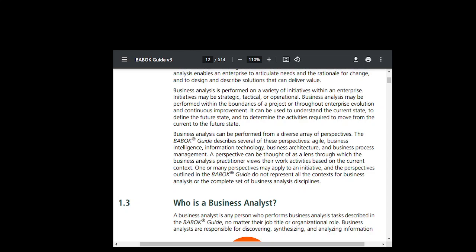I like the fact that they give you options, or they give you their ideas, and they tell you there are also many more out of this. So that is the same thing they are saying here. There are so many more perspectives out of Agile and the rest. And even if you can use one or more, just have it in mind that this doesn't stop you from exploring other perspectives.